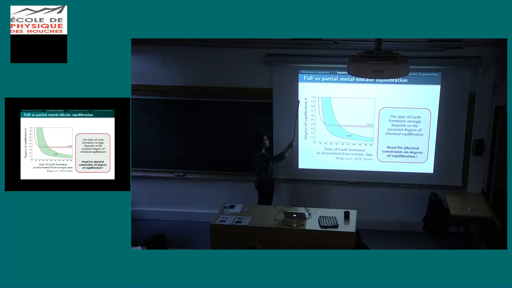So here you have the degree of equilibration k as a function of the time of Earth formation deduced from isotopic data: hafnium tungsten here and uranium lead here.